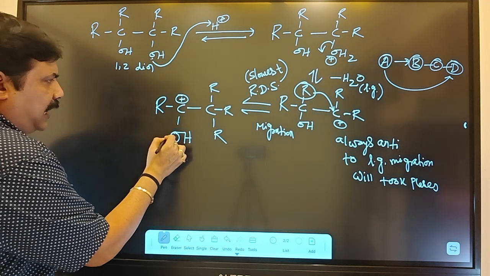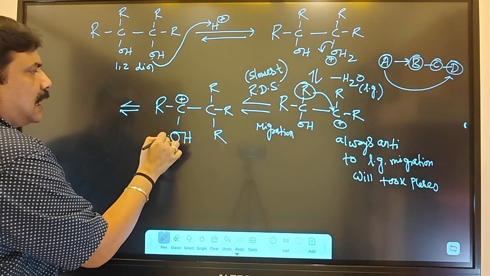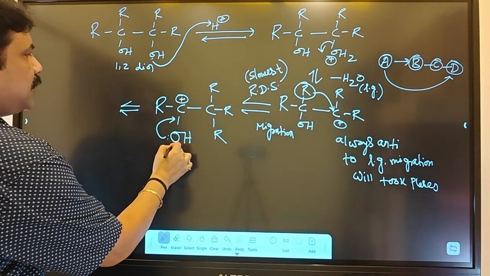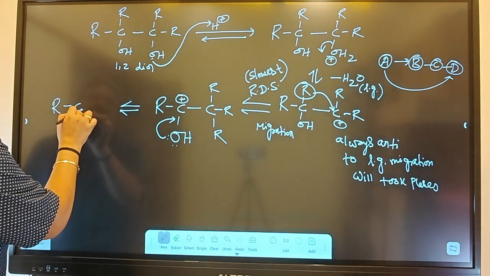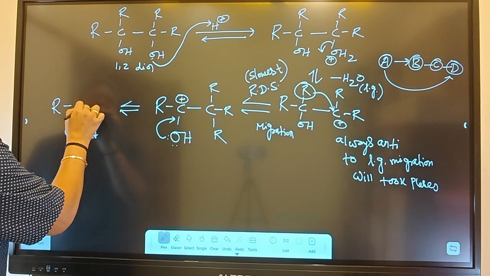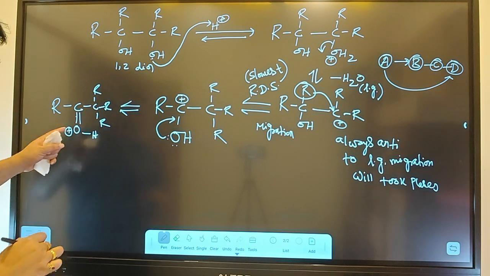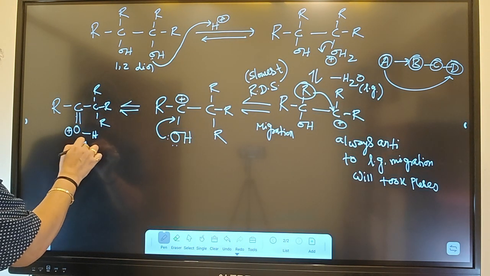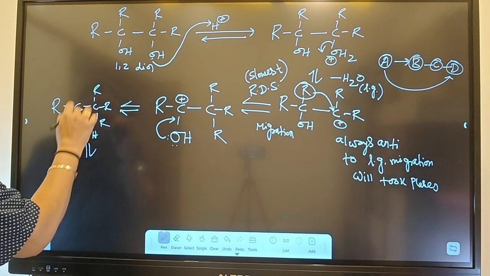Now after that, what will happen? This is a totally reversible reaction. After that, direct plus R effect will be given by this oxygen lone pair. Oxygen has 2 lone pairs. And then immediately you will get R, C double bond O, and here H, and here you have R, R, R. Oxygen is a highly electronegative element. It can't bear the plus charge. Then immediately it will take the bonded electron pair from the hydrogen and leave as H plus.